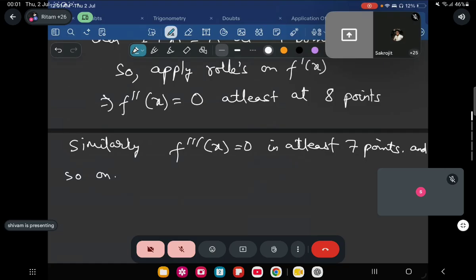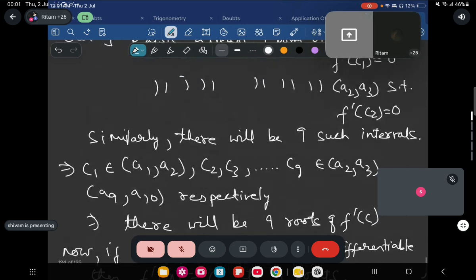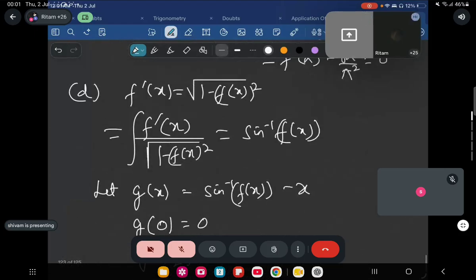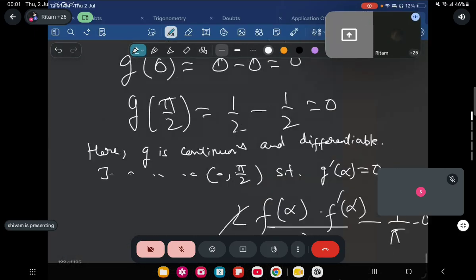Sir, can I ask you one thing? Yes, tell me, Ritam. You said Rolle's theorem is after some mathematician named Rolle, and why do you write it in small r? Small r, I have written. Yes, everywhere you have written Rolle's in small r.